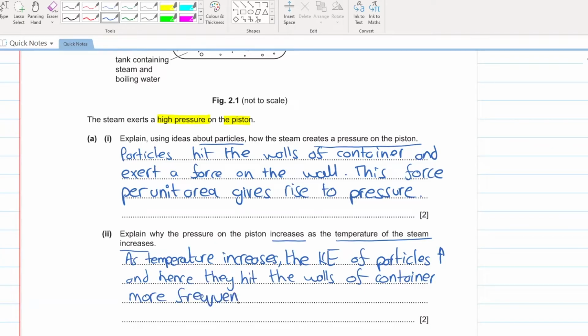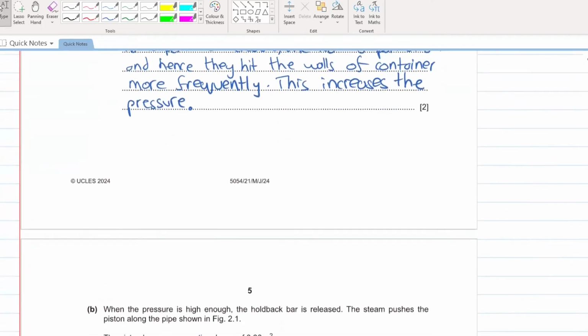This increases the pressure. Simple as that, nothing complicated here. Let's further move ahead.